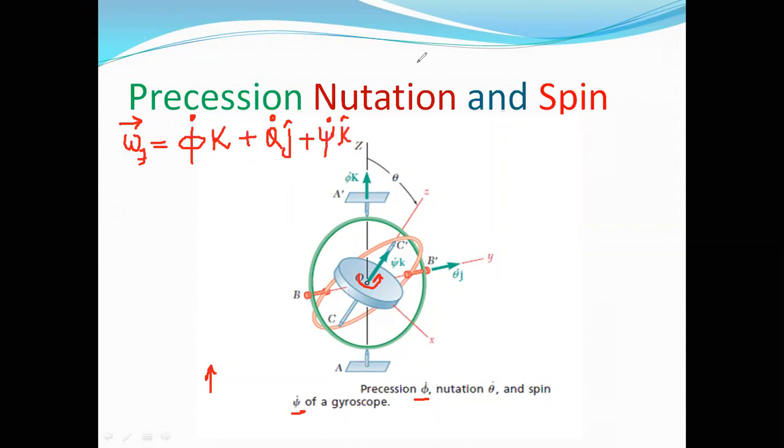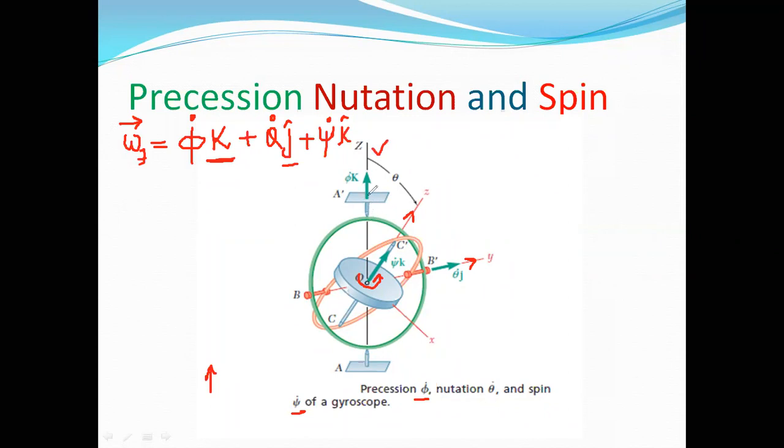This is the motion of this gyroscope. Now look, as far as the angular velocity of the gyroscope is concerned, it is being expressed in terms of nutation, precession, and spin. But j cap is a unit vector along small y-axis. k cap is a unit vector along small z-axis. But look at this capital K: it represents a unit vector along capital Z axis, which is a ground frame of reference axis.